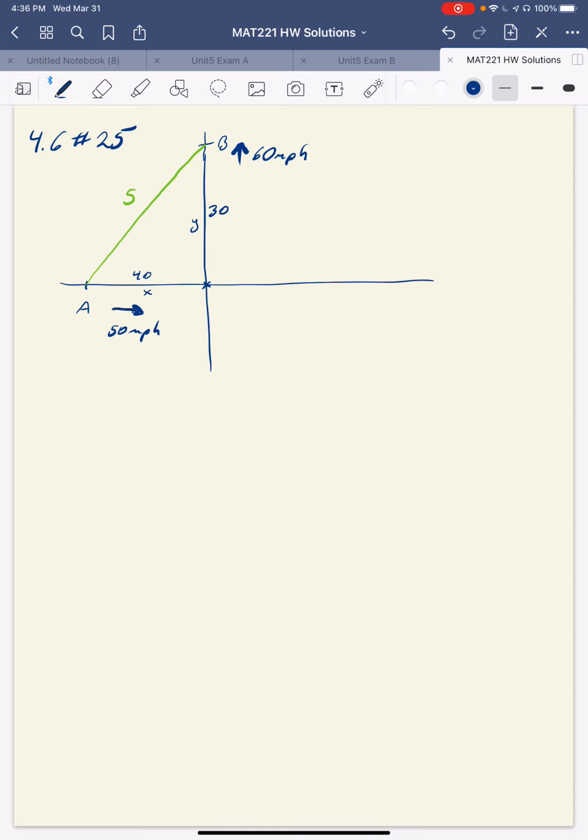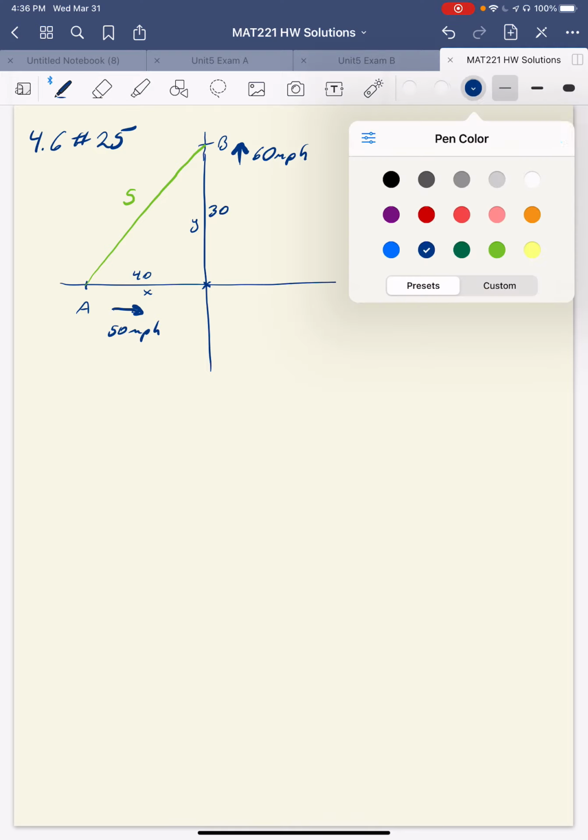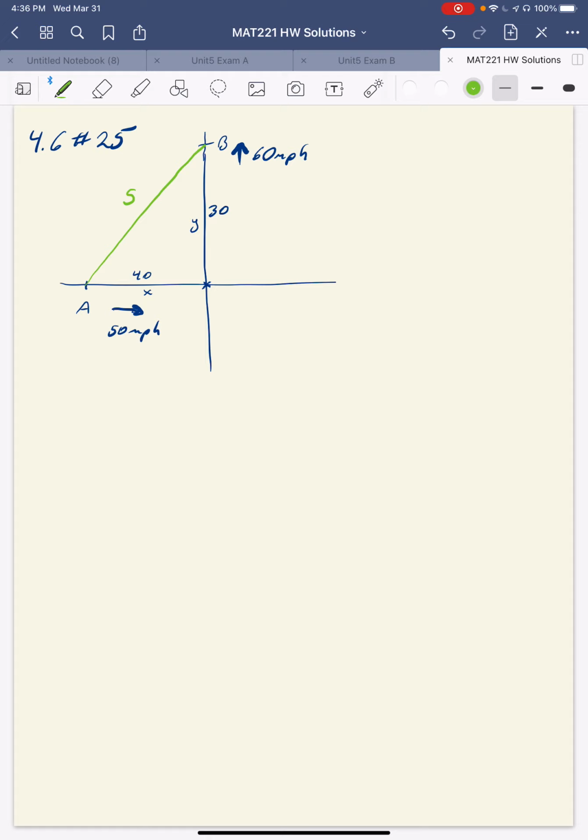Now I have the problem set up and I know what I'm looking for. The first thing I'm going to do is make this relationship for S. I need some way of expressing S, so I'm going to use the Pythagorean theorem. S squared equals x squared plus y squared.